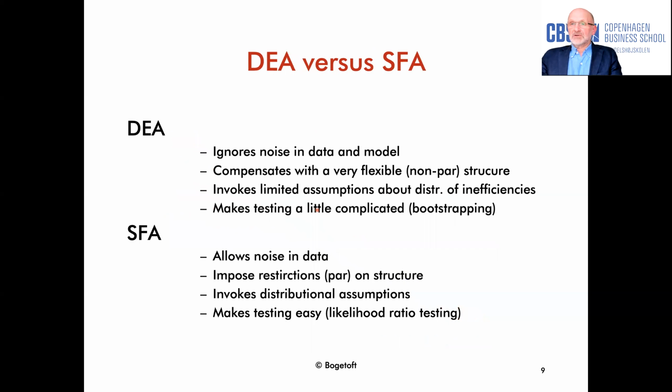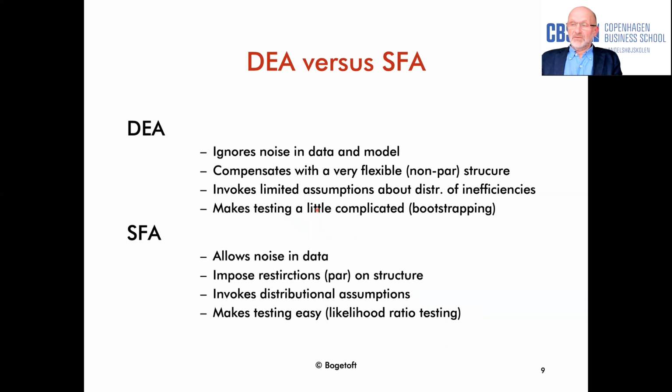Okay. So just in summary, the advantage and disadvantage of DEA. DEA ignores noise in the data and the model, which is bad. It compensates, however, with a very flexible non-parametric structure, like the piecewise linear one. It invokes limited assumptions about the distribution of inefficiencies.